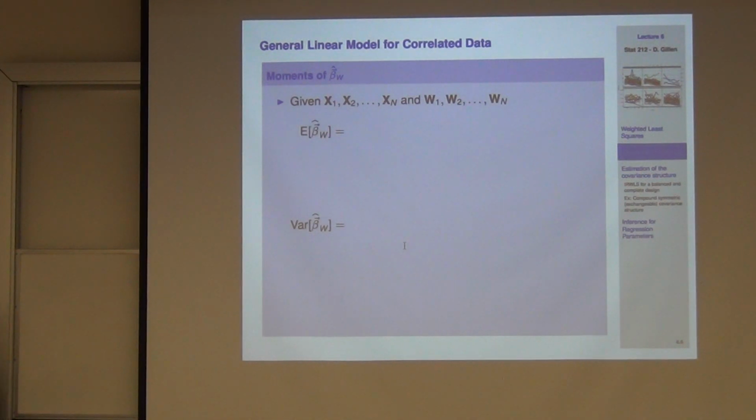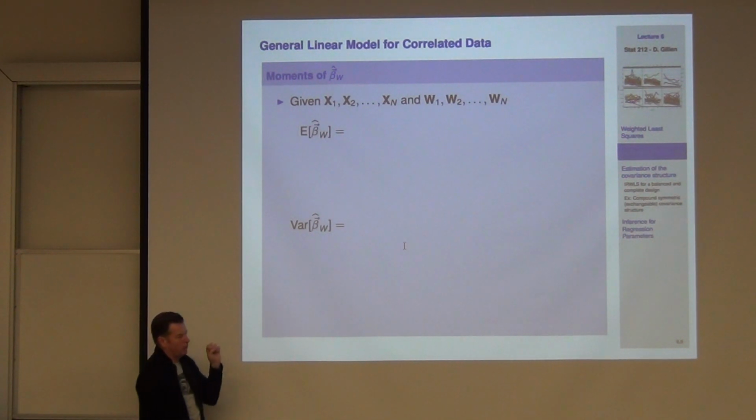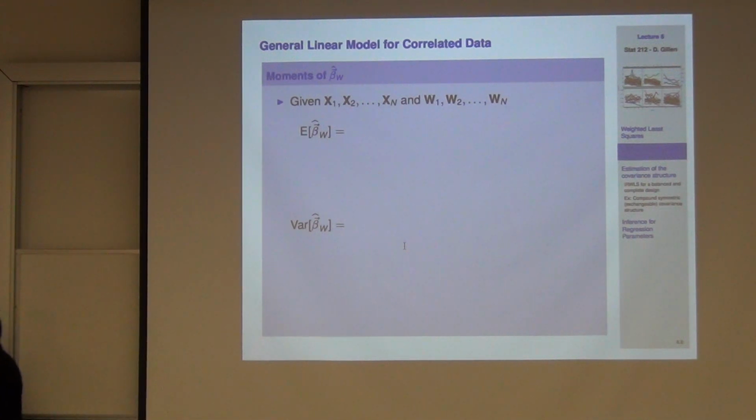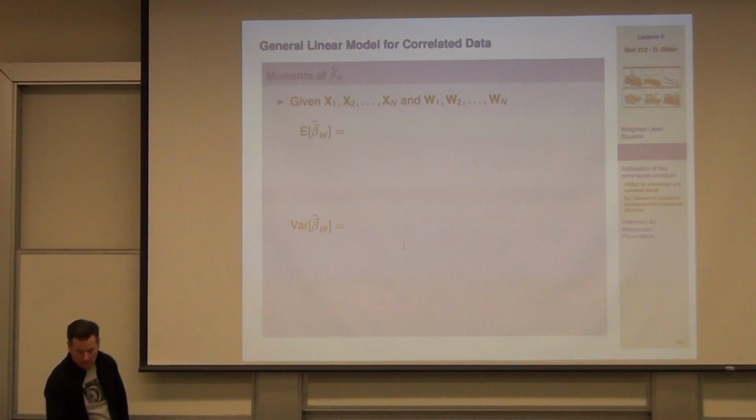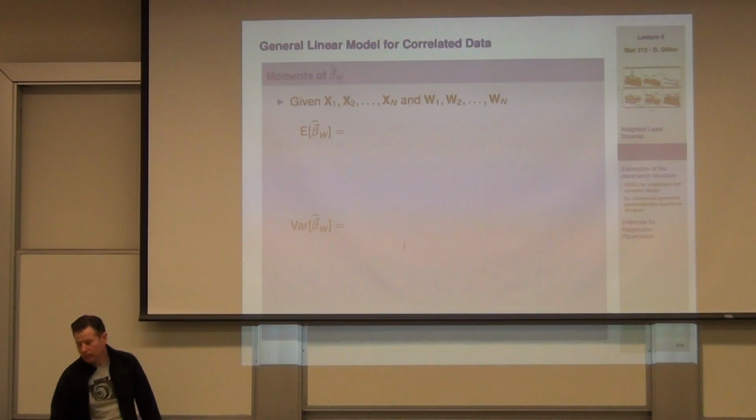So let's think a little bit about the moments then of the weighted least squares estimator. This is going to look very, very familiar to you guys. And then we'll see what we're going to have to deal with in practice to estimate some of these parameters that are going to come in.